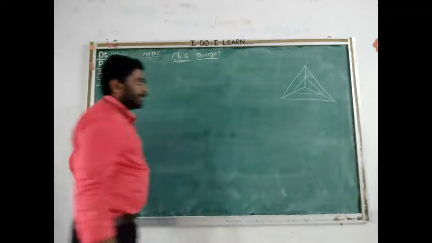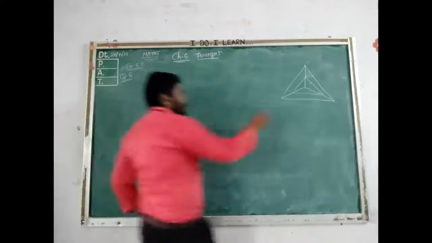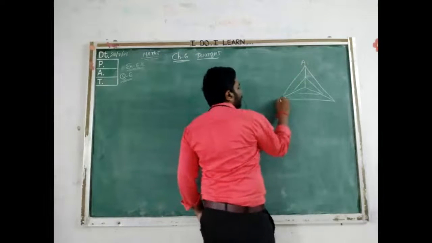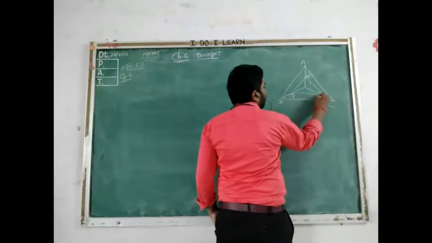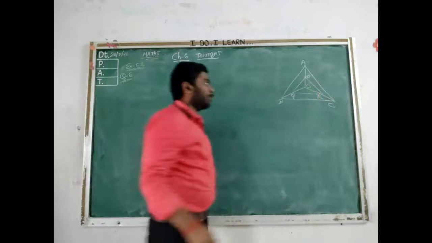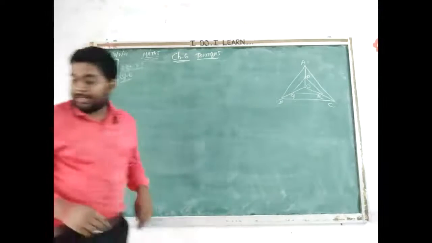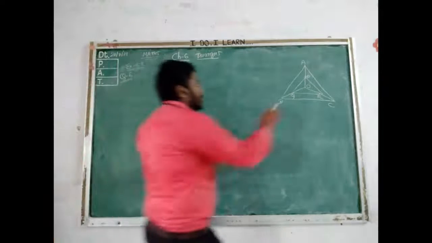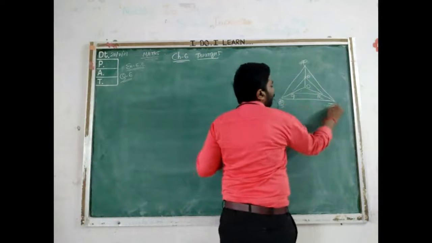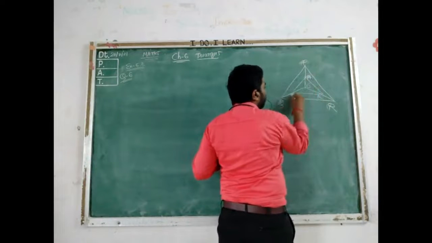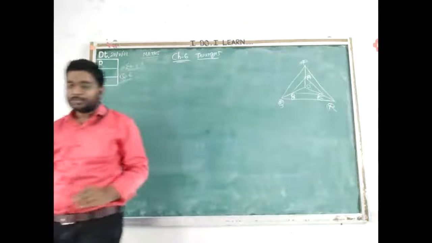Okay, figure is like this, in which ABCPQR is given. A, B, C, P, Q, and R points are there, and this is O point. Sorry, I have just done this thing differently. P, Q, R should be over here, and here it's A, B, and this one is C.